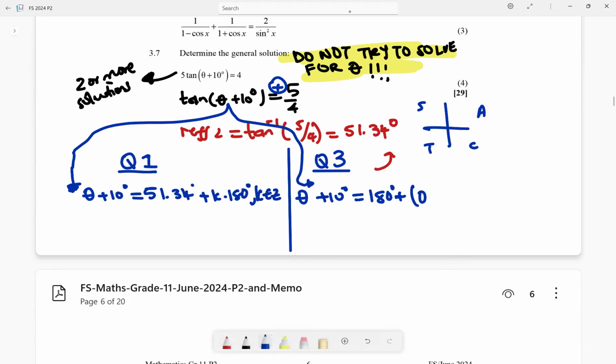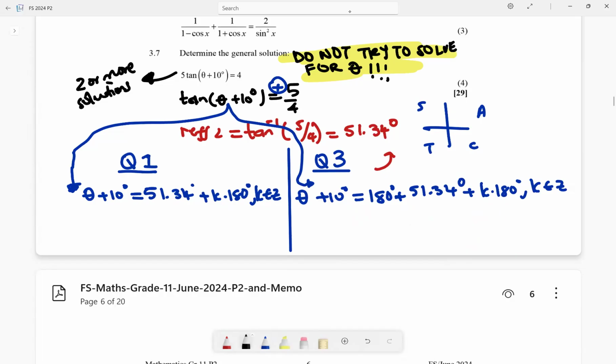So the reference angle is 51.34 degrees, plus k times 180, where k is an element of the integers. If you encounter a problem where you have to divide by 2, you also have to divide this. This is also divisible by 2, so it will be k times 90. If you divide by 3, you divide it also.